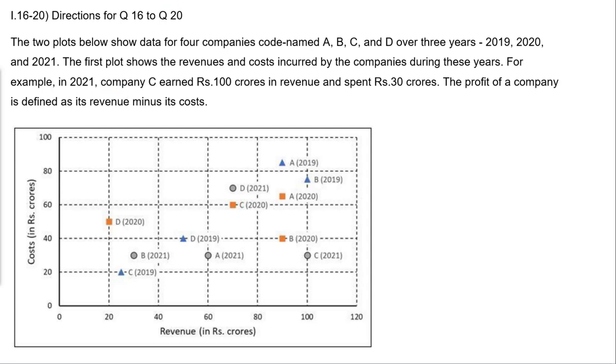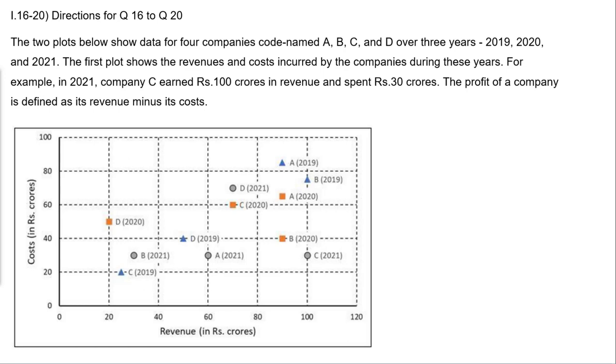Let's read the data carefully. The two plots below show data for four companies named A, B, C, D over 3 years: 2019, 2020 and 2021. The first plot shows the revenue and cost incurred by the companies during these years.